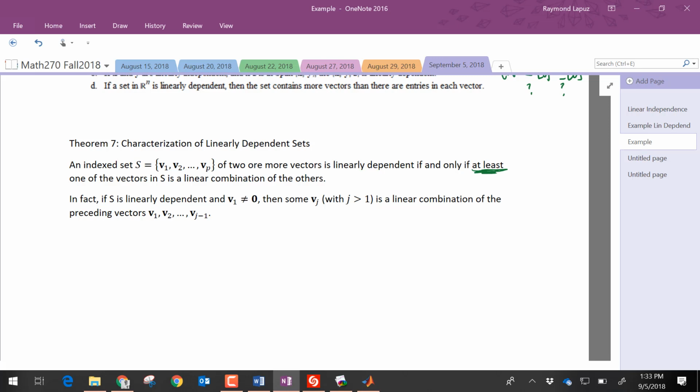So you can write your set of vectors that are linearly dependent, and then you can go from one to the next as a linear combination of the previous ones. Yeah, they should be linearly dependent on each other.